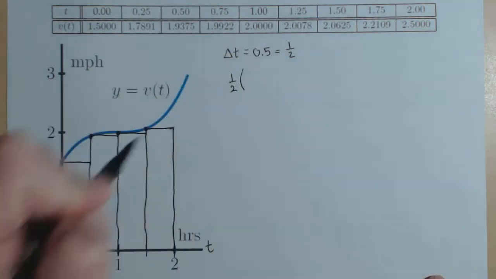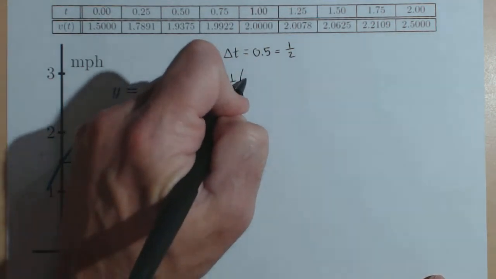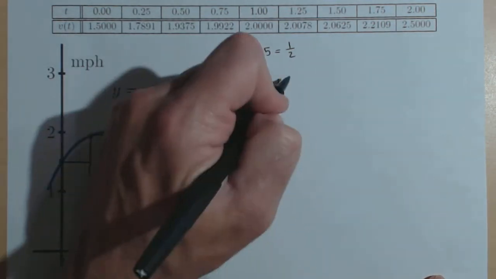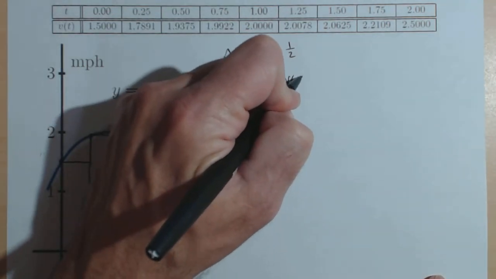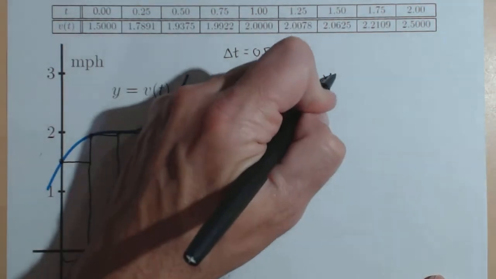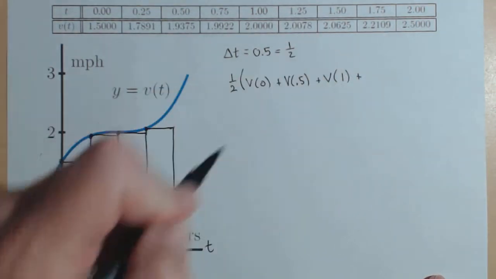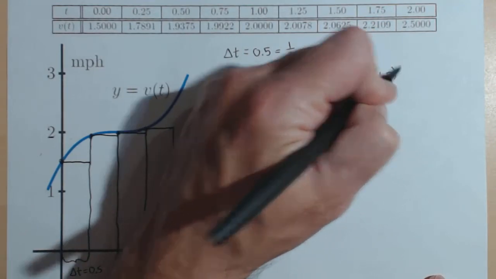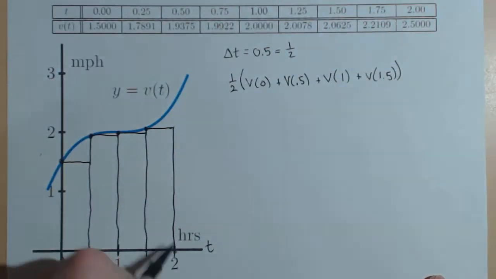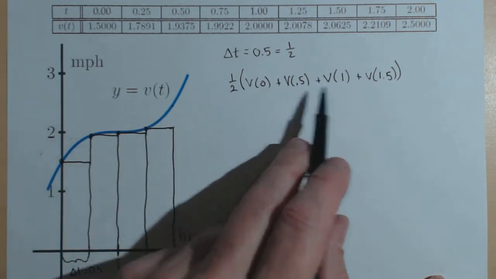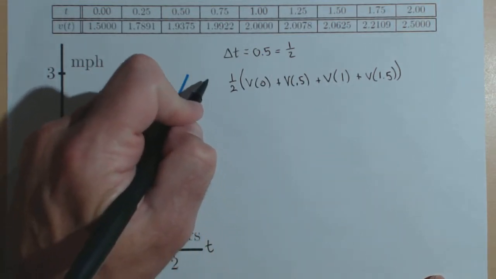And so what I need is v of 0 plus v of 0.5 plus v of 1 plus v of 1.5. Notice I don't use 2 because that would put me all the way up here and that would make another rectangle. We only have 4, so there's our 4 heights.